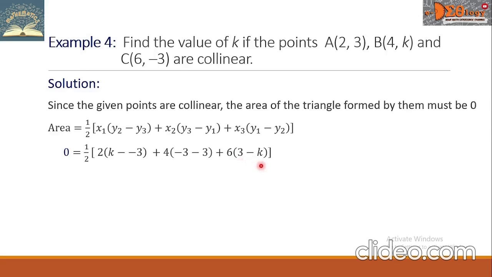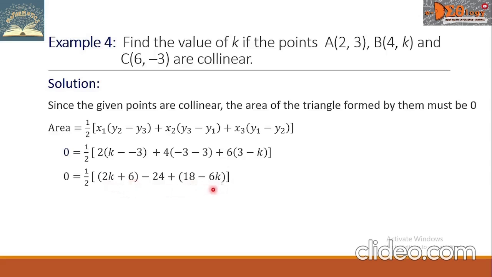When we simplify further, this k minus negative 3 is k plus 3, times 2, it becomes 2k plus 6. This negative 3 minus 3 is negative 6, times 4, that becomes negative 24. 6 times 3 minus k is now 18 minus 6k.